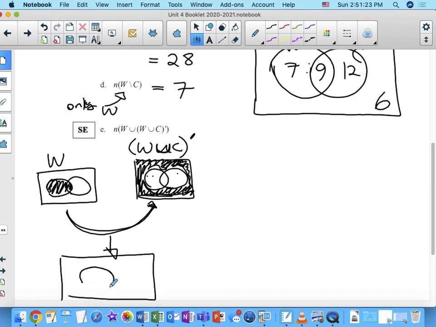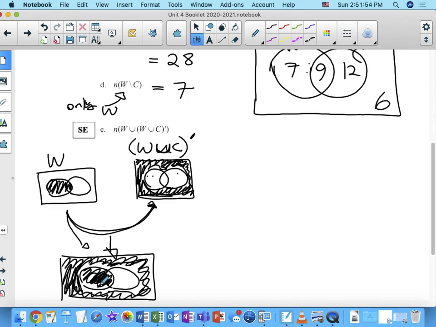I'm not doing a very good job coloring, but you guys can bear with me, hopefully. So that's the W union C complement. Then you take this one and put it on top as a transparency, and this part is also going to get colored. Those are all the regions that we want to count.